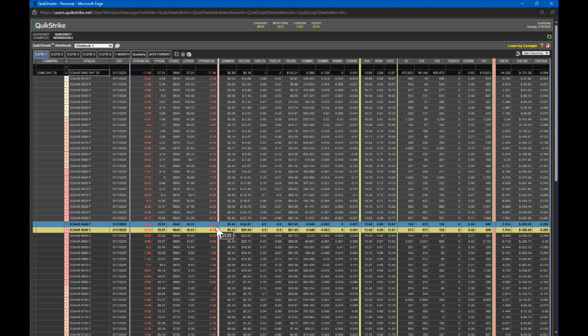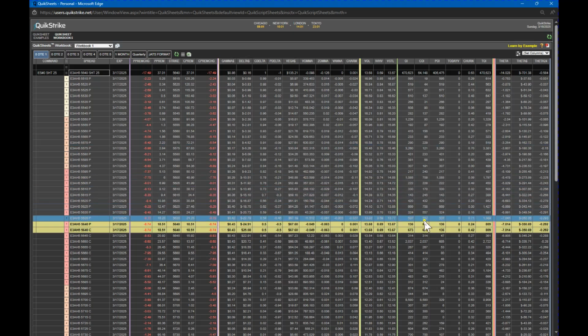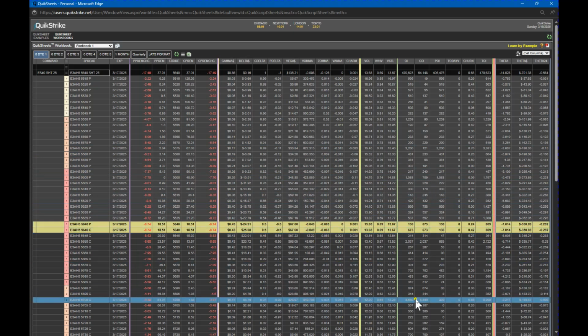And so we can see where their pinning is likely to be at any time with this open interest also. So we can see here where my open interest is on this right side. I've got call open interest and put open interest. And so I can see where my high strikes are.